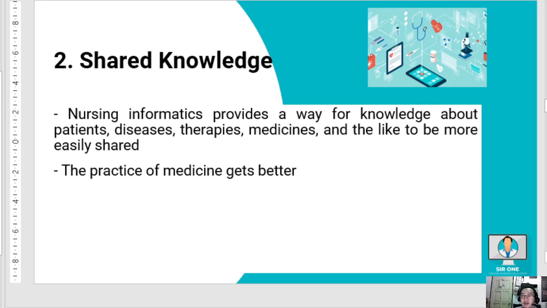The practice of medicine gets better. But one thing that I am emphasizing here is to screen your sources. Be sure that your sources are really reliable and accurate. That's one of the downsides though.